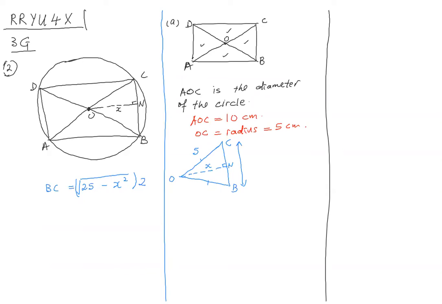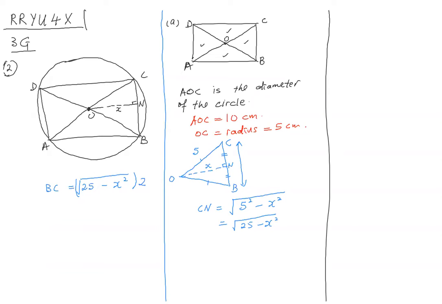So I use Pythagoras theorem to find CN first. These two are equal. So CN, according to Pythagoras theorem, the longer side square minus the shorter side square. So I got square root of 25 minus x squared.